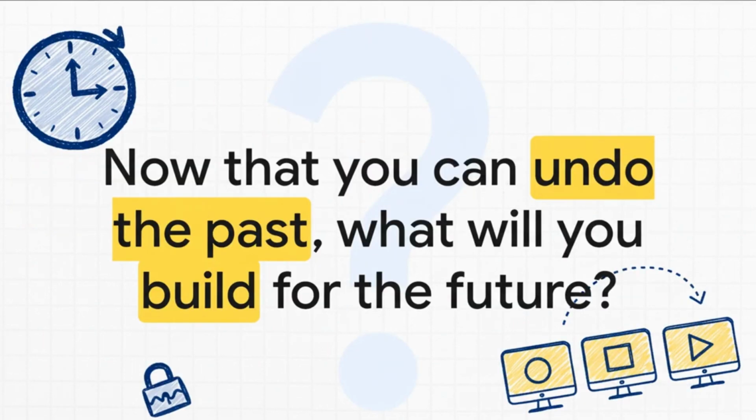You see, the memento pattern isn't just about undoing mistakes. It's about empowering your users to be creative, to explore, to try things without being afraid of messing up. It's about building software that's more resilient and forgiving. So, what are you going to build now that you have this powerful tool in your toolbox?